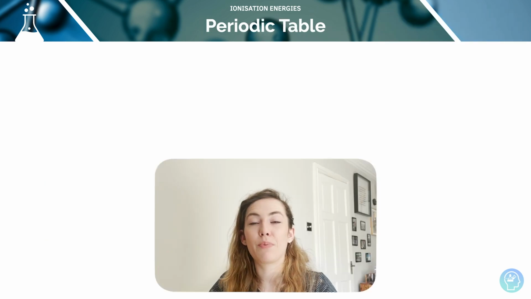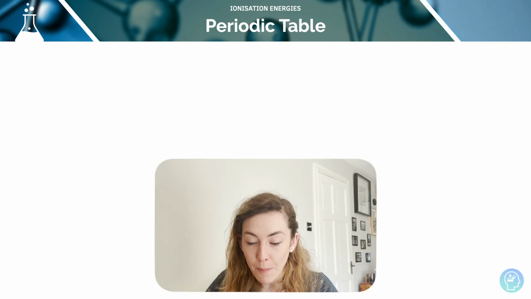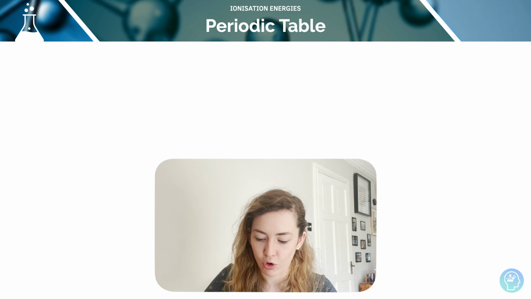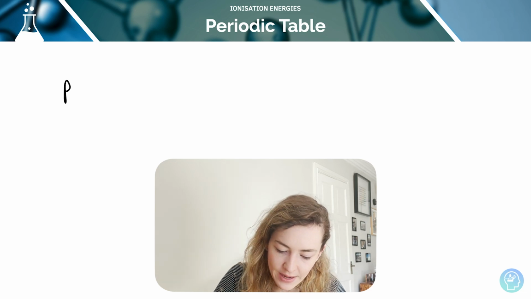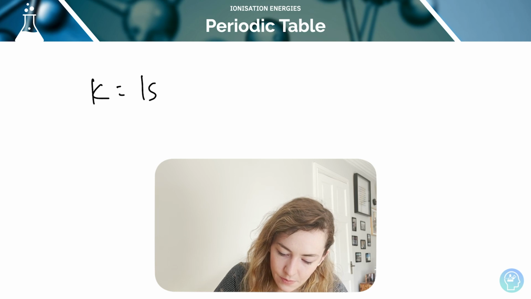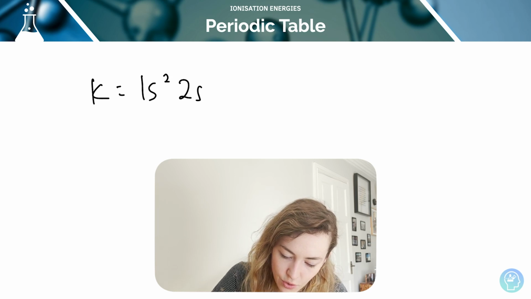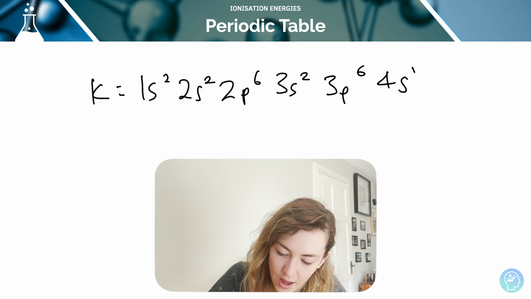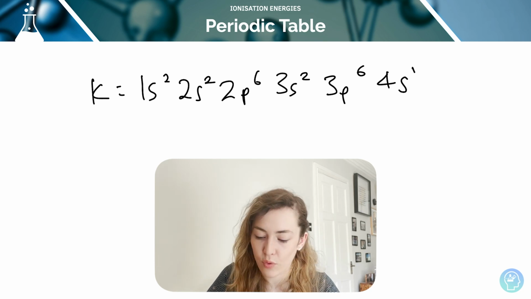When the S block elements form positive ions, the ions formed will have the same electron configuration as the inert or noble gases in group 8. So for example, if we had potassium, it would be 1s2, 2s2, 2p6, 3s2, 3p6, 4s1, because we fill the 4s before the 3d.